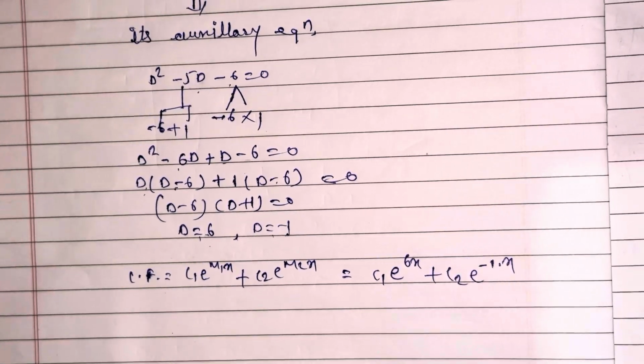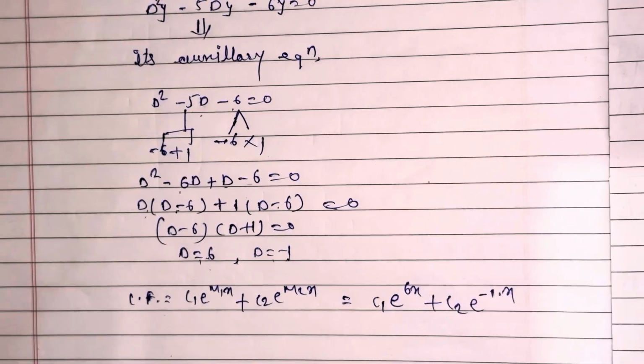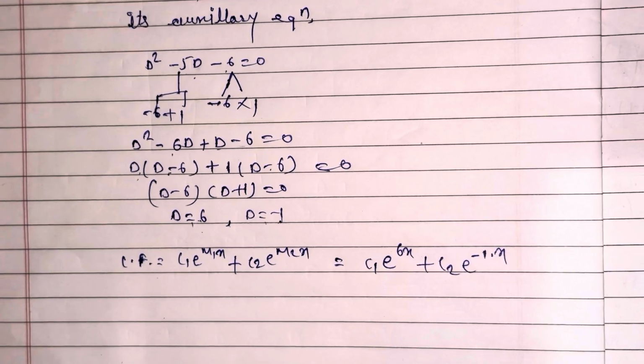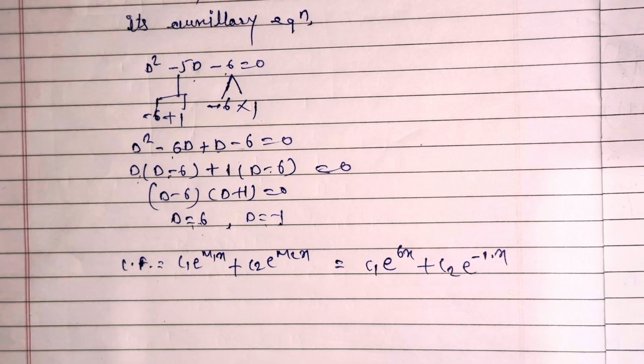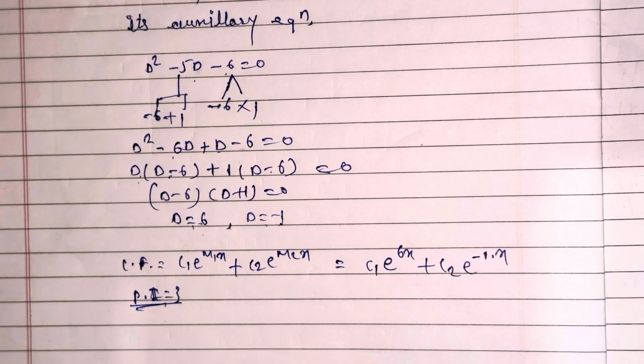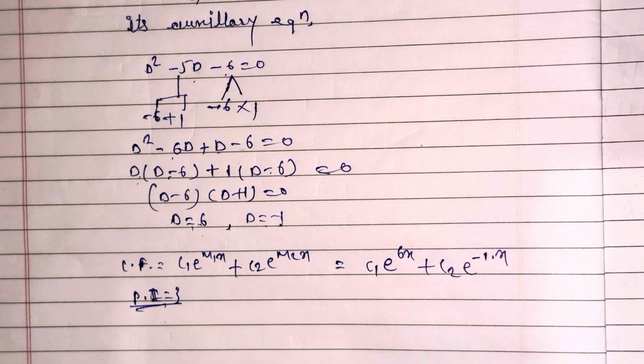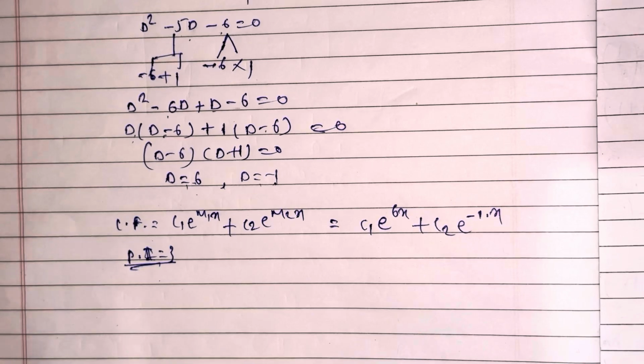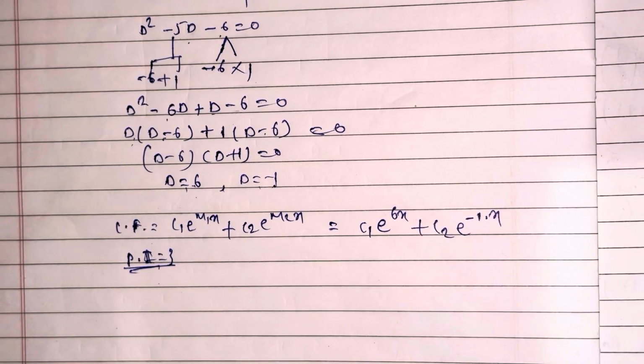Let's proceed with the particular integral. As we already learned everything about the particular integral, we are going to apply it here. Be careful here, because this is the first example based on the particular integral. We are going to solve a similar example later, but this one you need to understand.